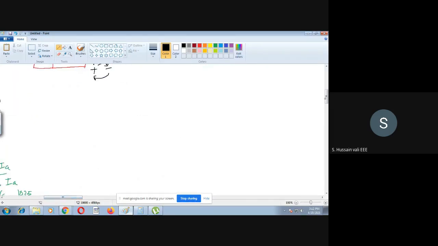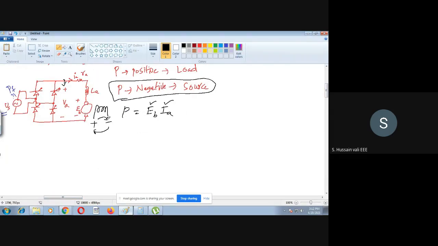Now he said that he is reversing the polarity of the field winding excitation. So immediately EB will become negative. When EB is negative, IA is positive, otherwise the product cannot be negative. So IA will be in the same direction, whereas EB becomes negative.